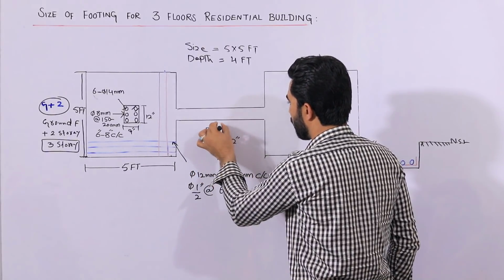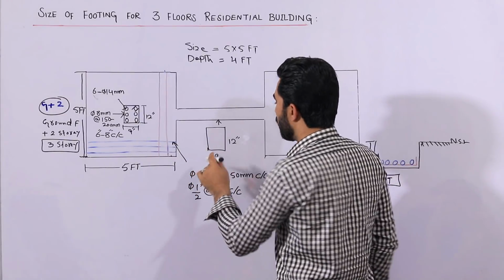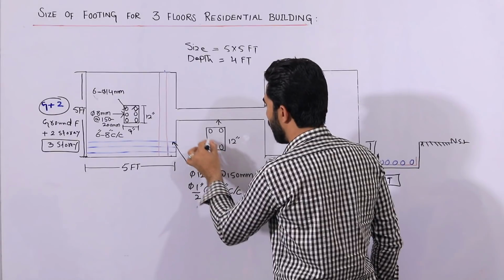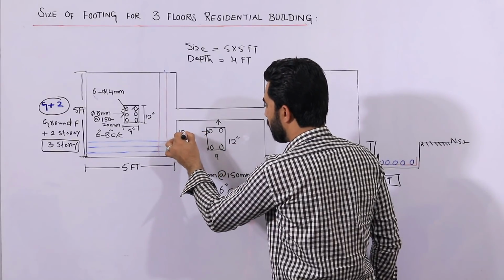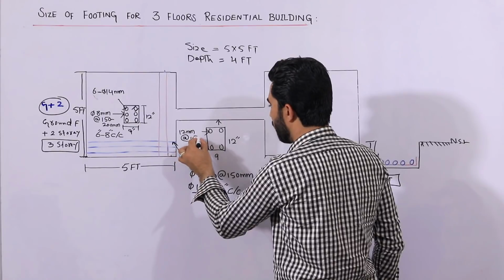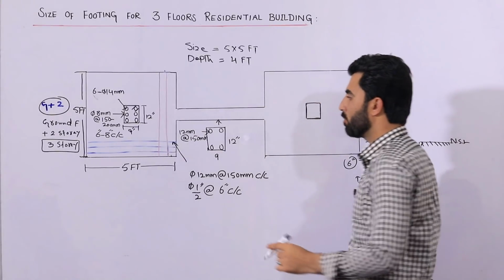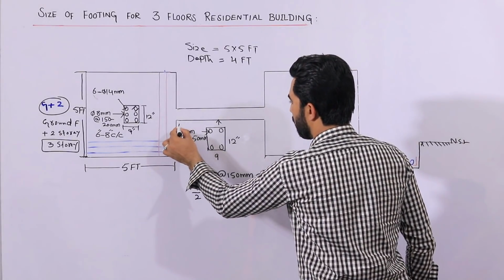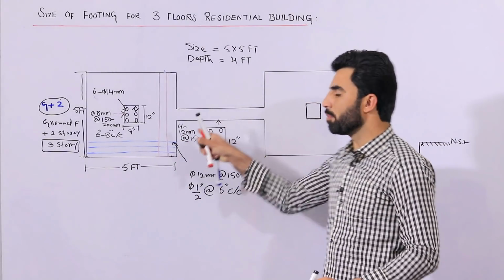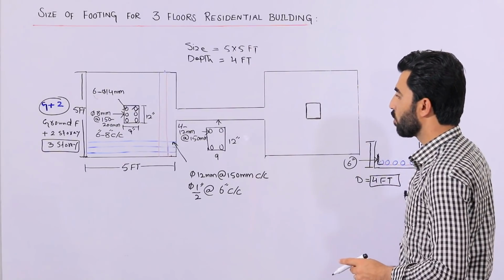In this case, you can use 4 steel rods and the dia should be up to 12 mm with the spacing of 150 mm. Okay, 12 mm rod you can use and minimum 4 numbers. So this is the details for this beam which connects the two footings.